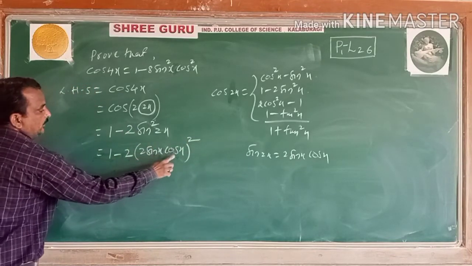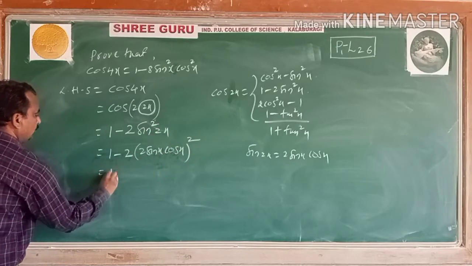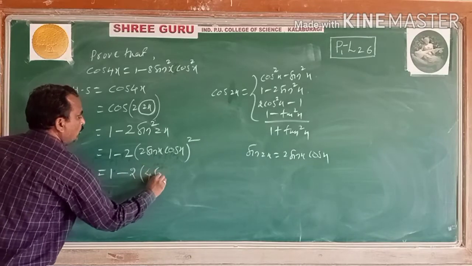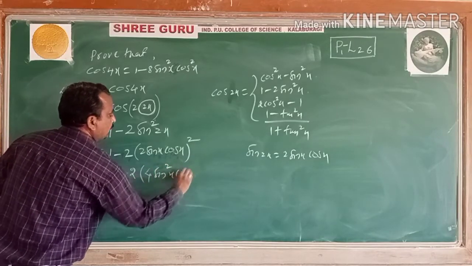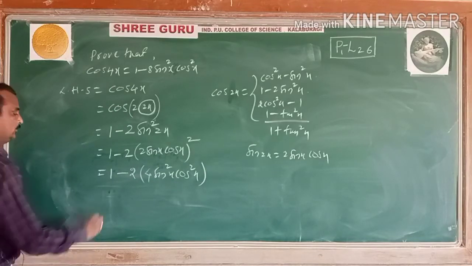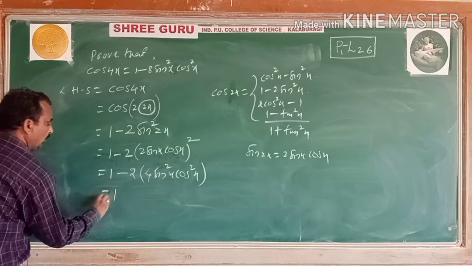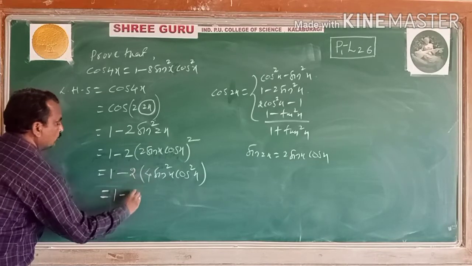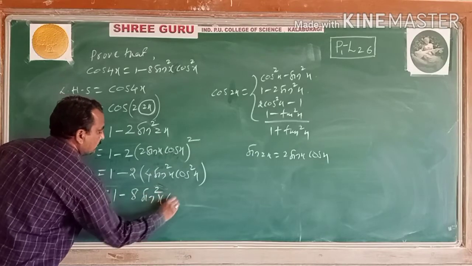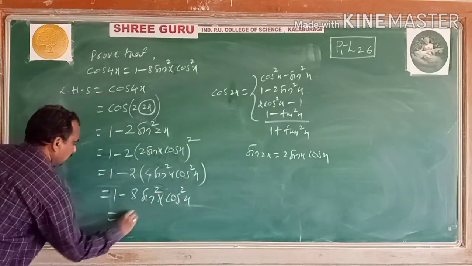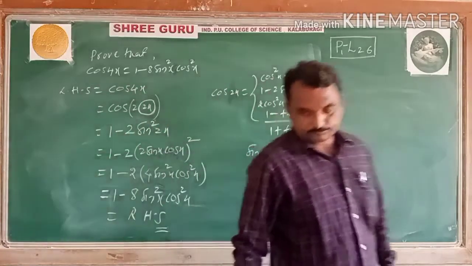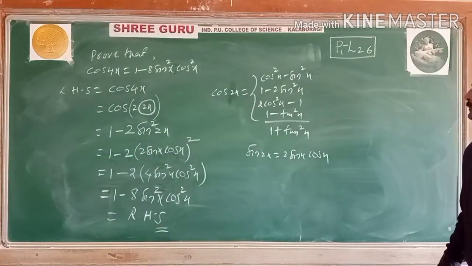So 1 minus 2 into (2 sin x cos x) whole square, which is 4 sin square x into cos square x. This equals 1 minus 2 into 4, that is 8 sin square x into cos square x. This is your RHS, students.